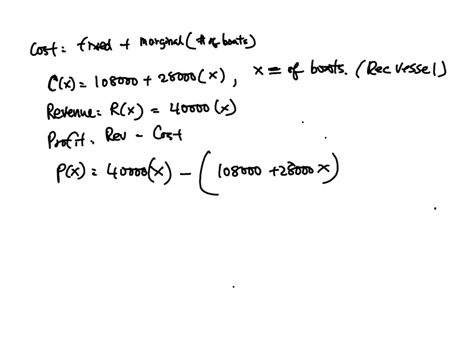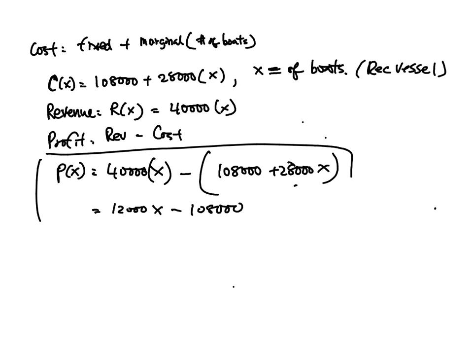Simplify this: 40,000x minus 28,000x is 12,000x, minus 108,000. This right here will be our profit.